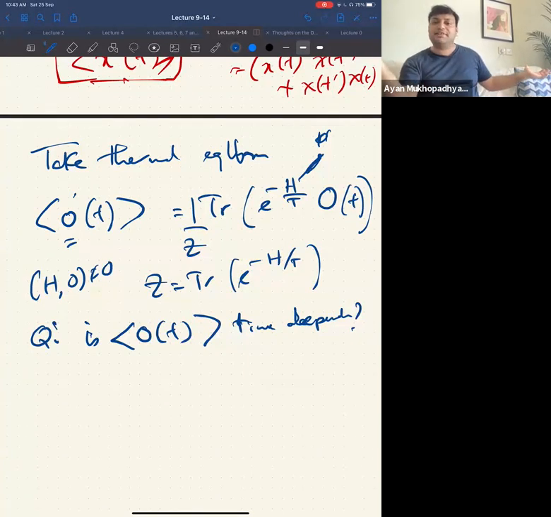Well, that's exactly what we expect in thermal equilibrium, right? If a system has equilibrated, the value of any measurement is not going to change. You take any measurement, and one way to see the system is thermalizing is to see that the average value of your measurement is not changing with time. But can you prove this?